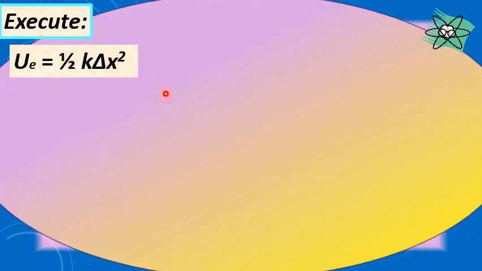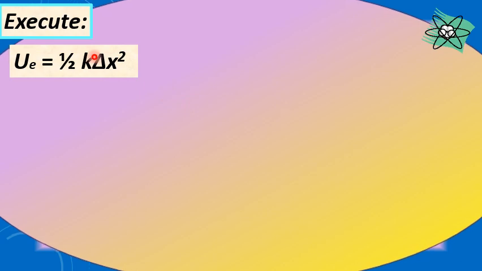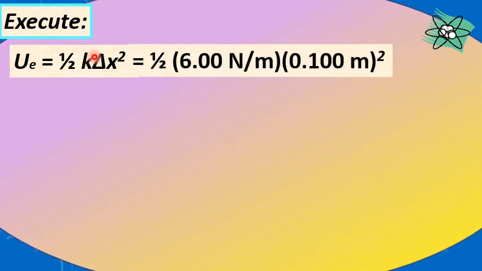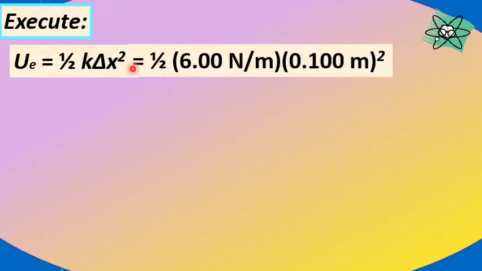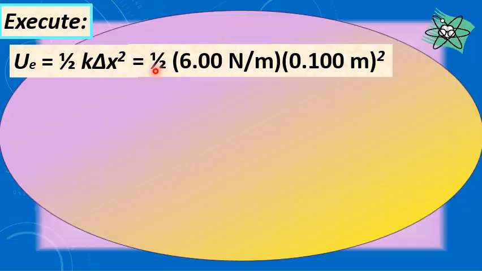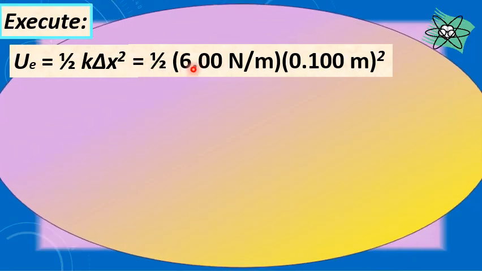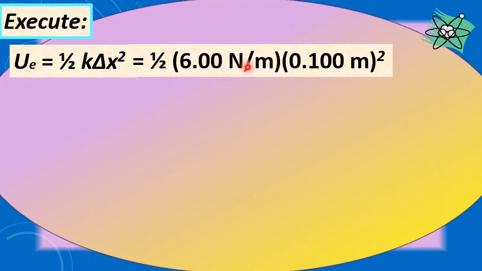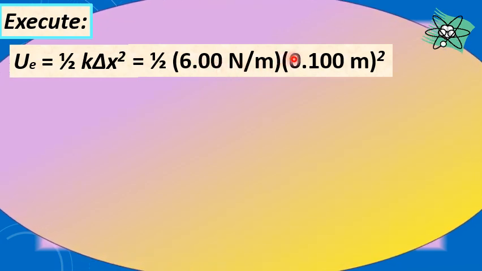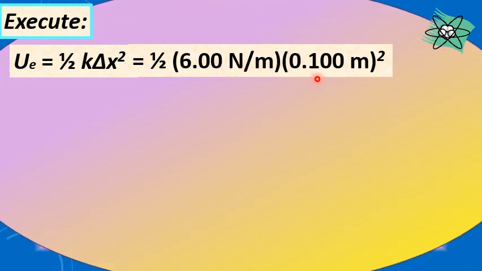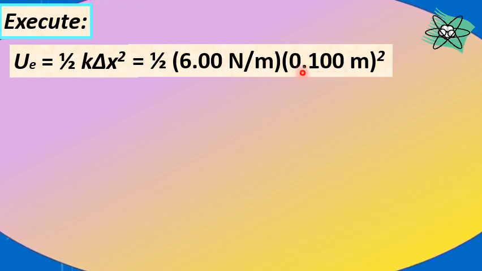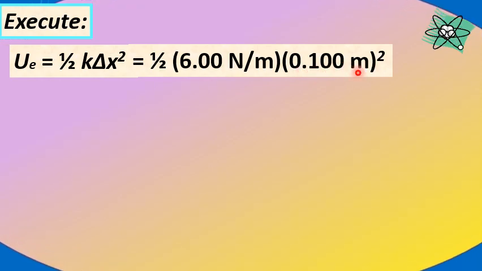When we substitute the given quantities, we have U sub E, or the elastic potential energy of the spring, equals 1 half times 6.00 Newton per meter, multiplied by the square of delta x, 0.100 meter.